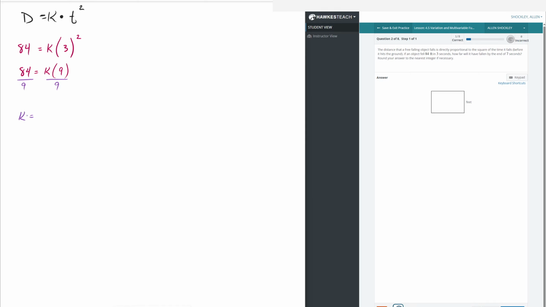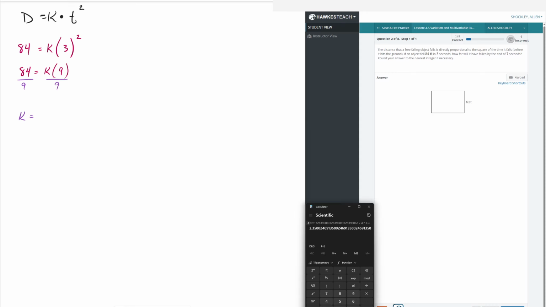K equals whatever that is. Let's do it. Clear it, and we are going to do 84 divided by 9. And we'll get 9.3333. Again, the more numbers you include, the more accurate your final answer is going to be.